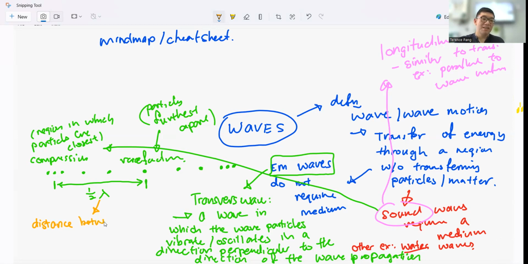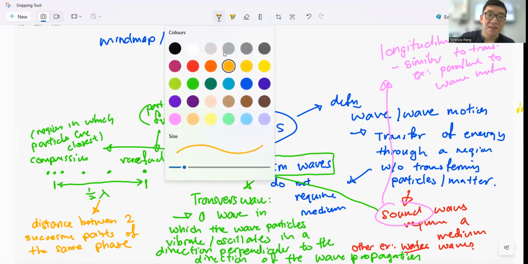But in general, two successive points of the same phase.